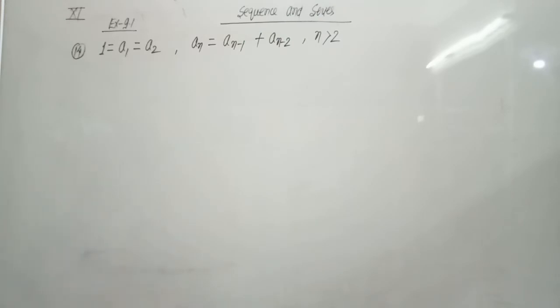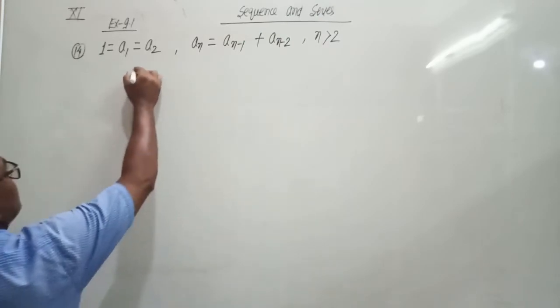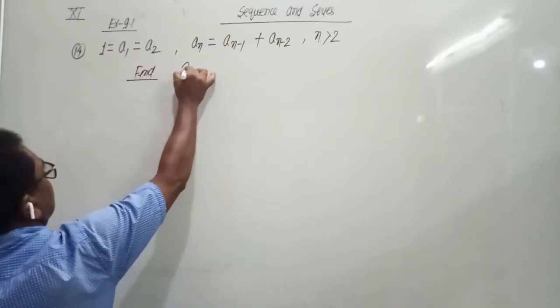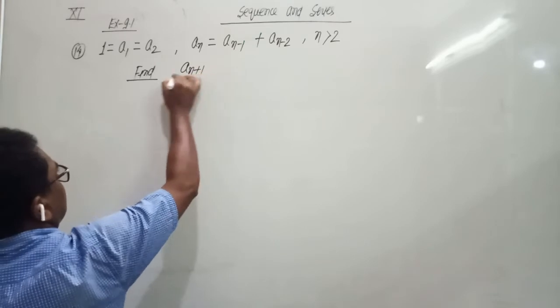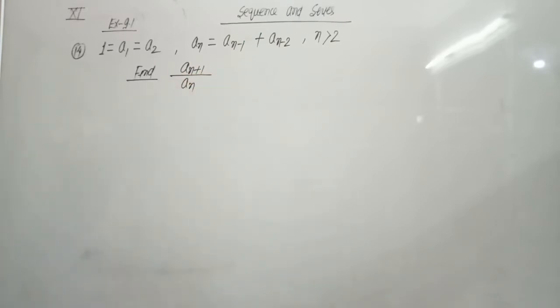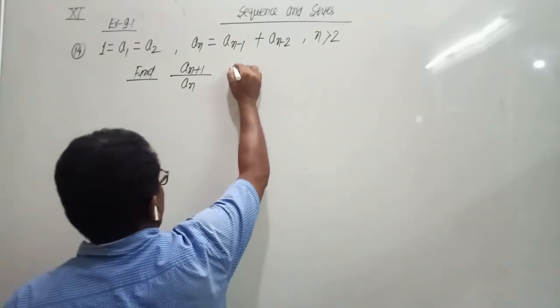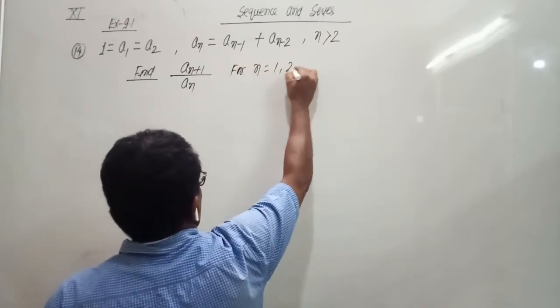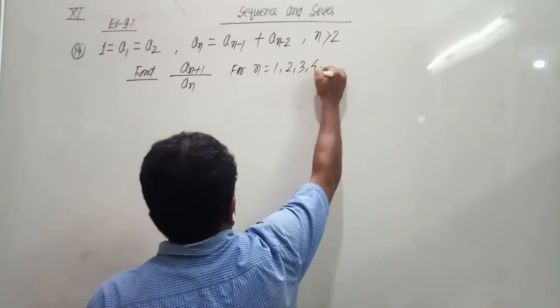Then find the value of a(n plus 1) upon an, for n equals 1, 2, 3, 4 and 5.